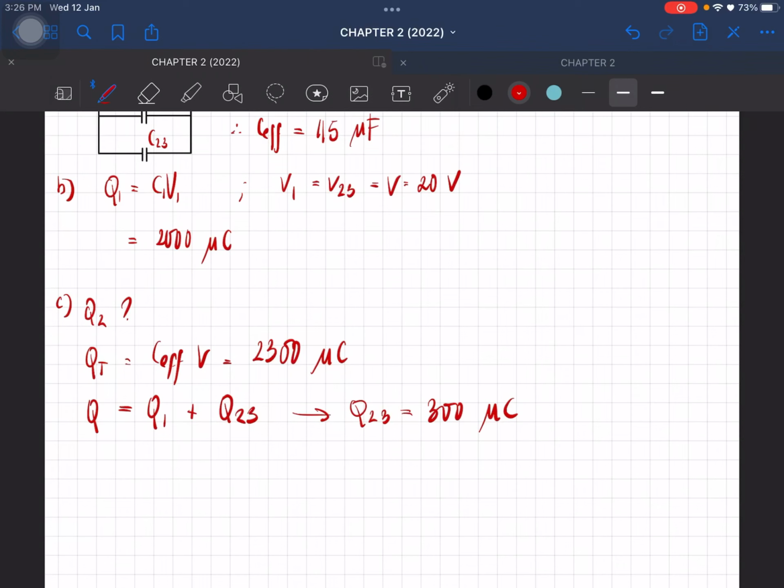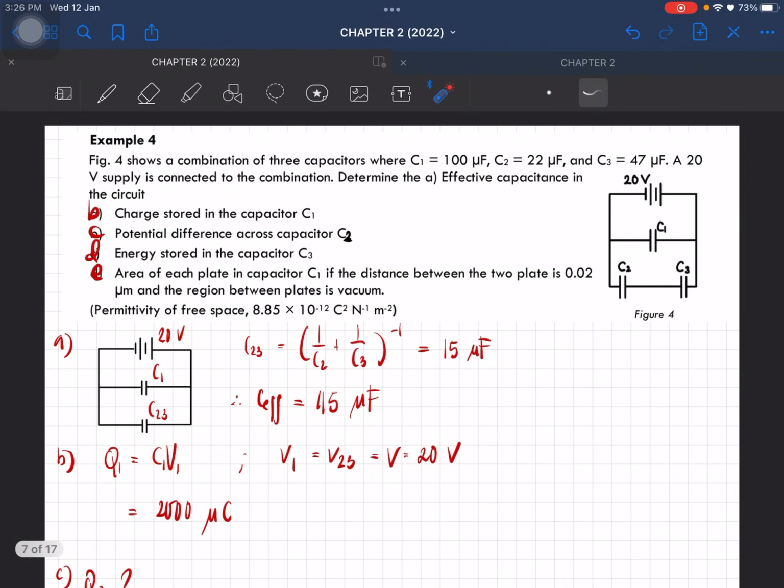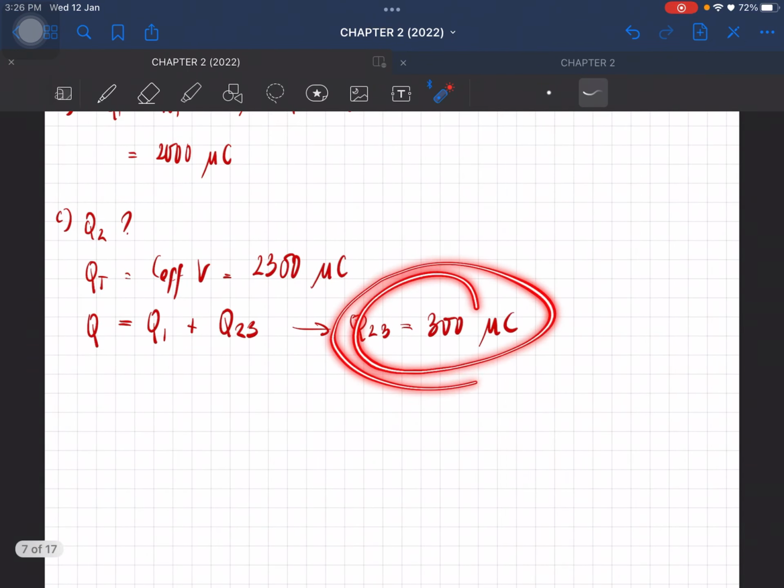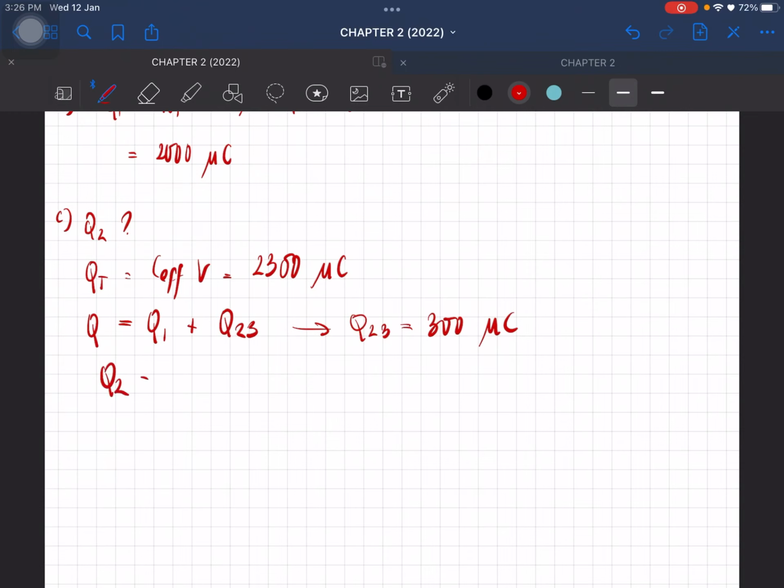Since capacitors C2 and C3 are in series, the magnitude of charge is equal. So Q2 is equal to Q3, which is equal to 300 microcoulomb.